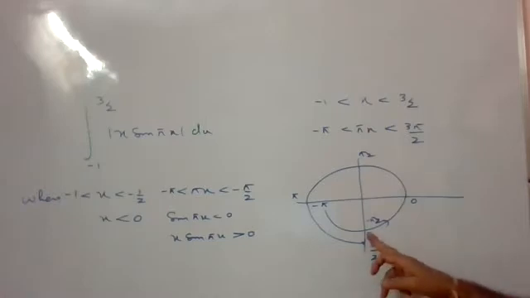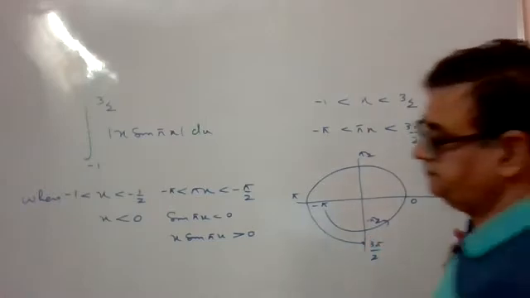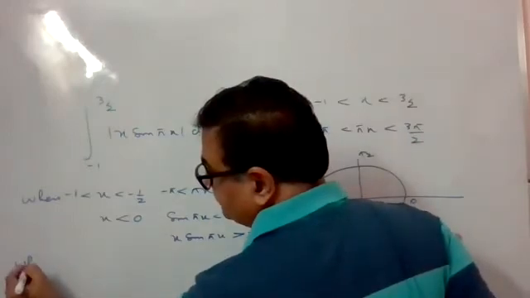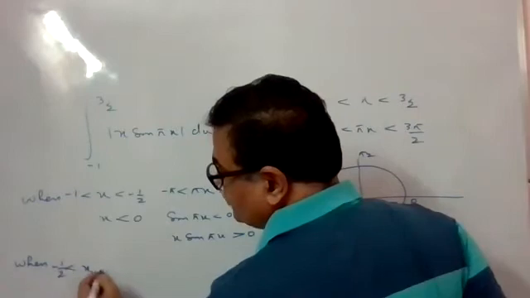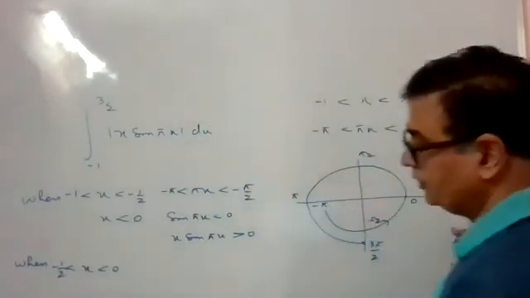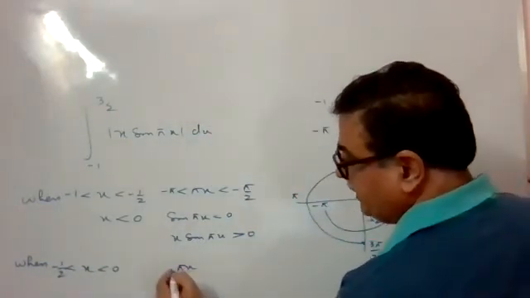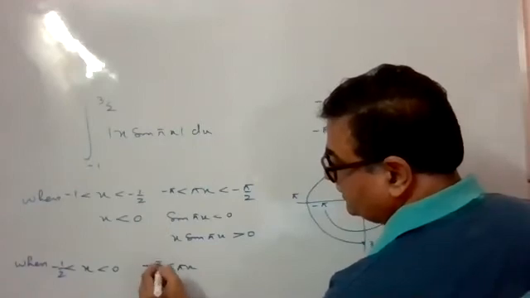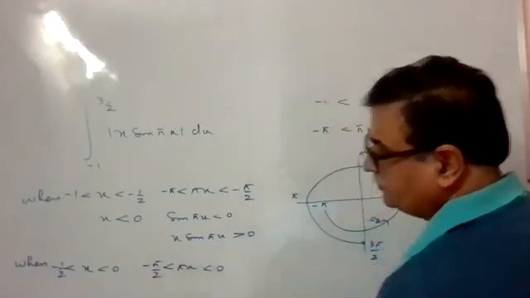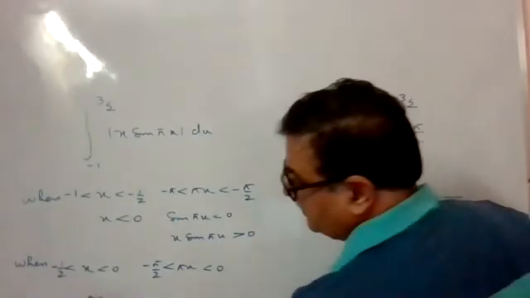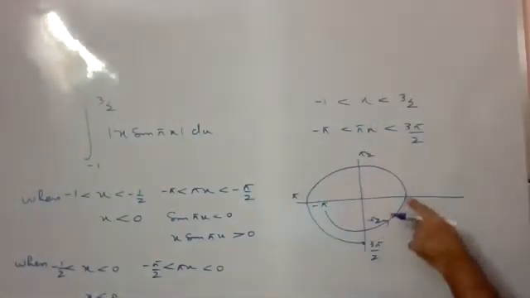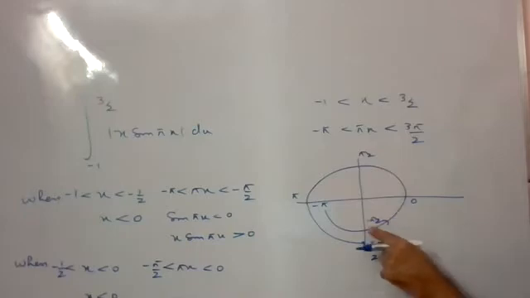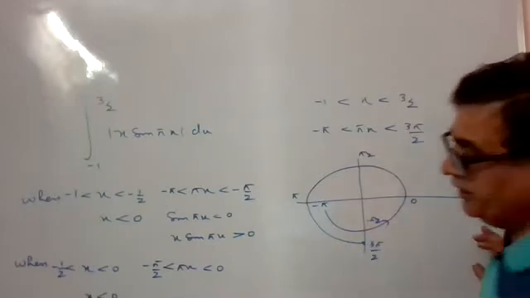Then I go from -half to 0. When x is between -half to 0, pi x will go between -pi by 2 to 0. Here also x is negative, and this is the fourth quadrant, so sign will be negative again.